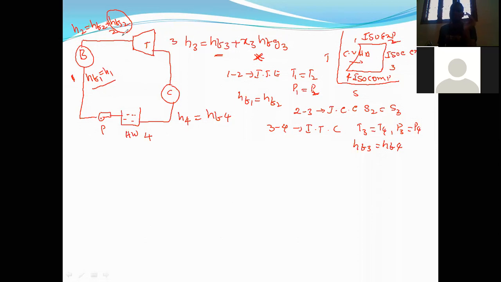There is a loss of sensible heat only when the latent heat is completely over, becomes zero. If there is some latent heat, there is no loss of sensible heat. So we can write HF2 is also HF3.